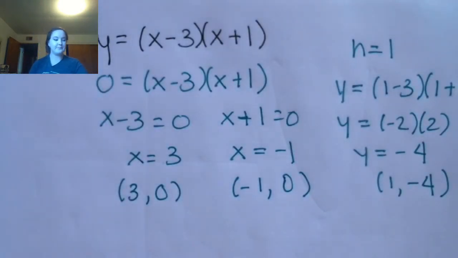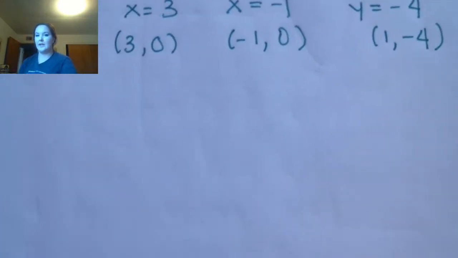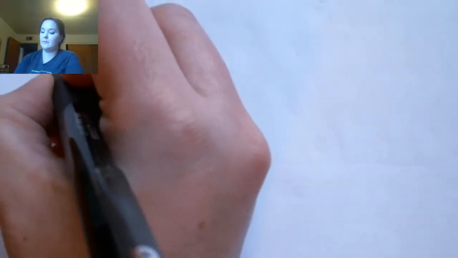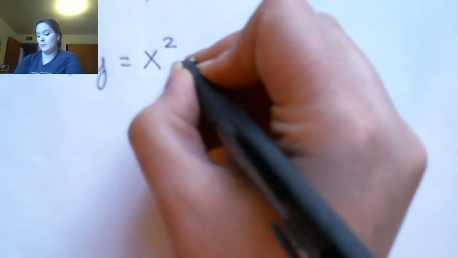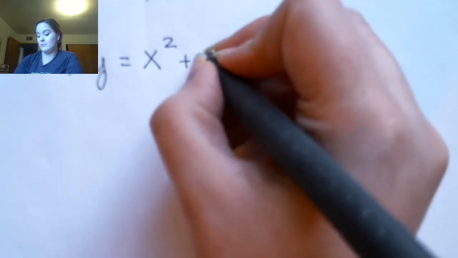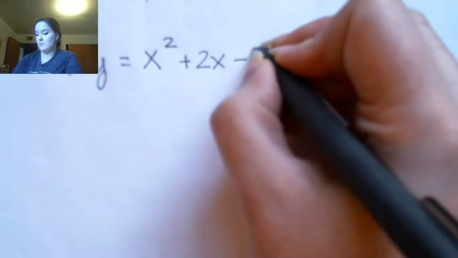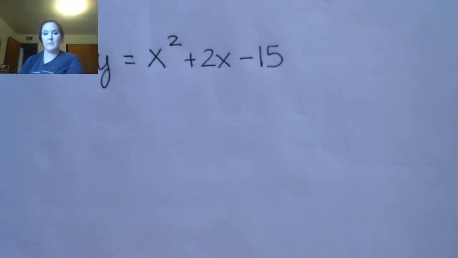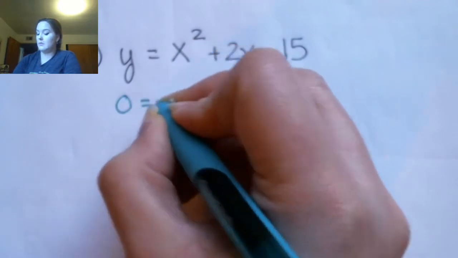All right. Let's look at an example of when we might do this when it's not already in factored form. All right. So I'm going to start by letting y equal 0.